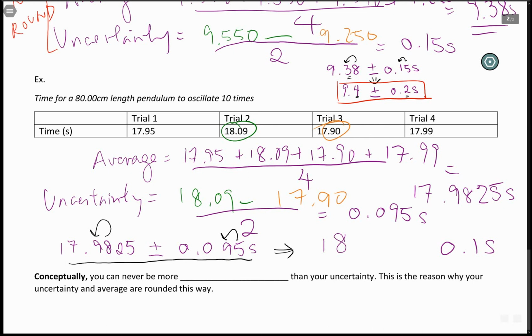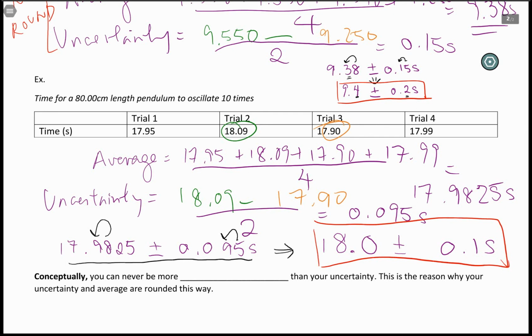But we have to make sure that the place value in our average matches that of our uncertainty. And to do that, we add 0.0 so that the 0 matches the 1 in the 10th place in our answer. So here we have 18.0 plus minus 0.1 seconds.